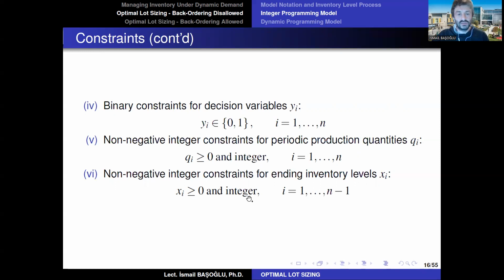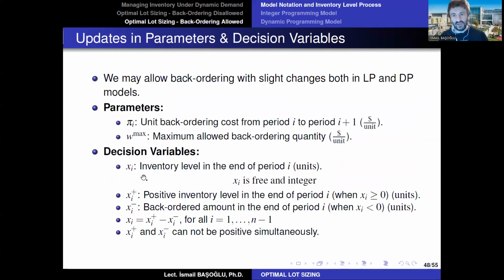That non-negativity restriction does not allow you to adopt backordering policies. But here, when backordering is allowed, this xi value can be negative as well as positive. So now the ending inventory levels are unrestricted variables.